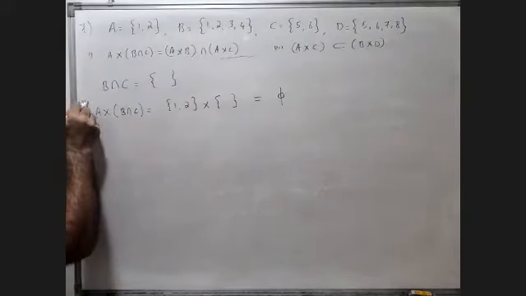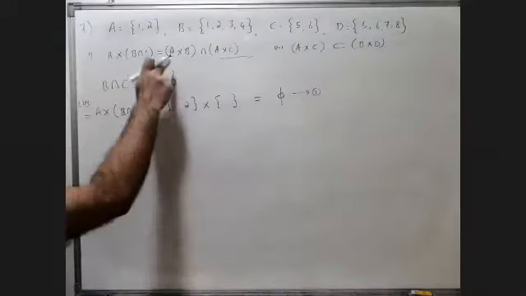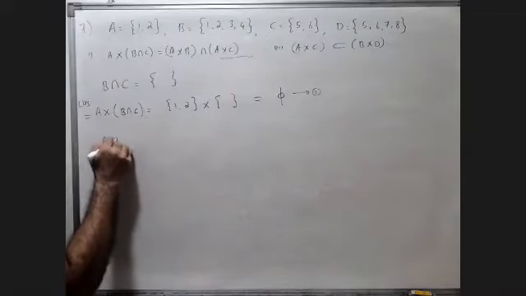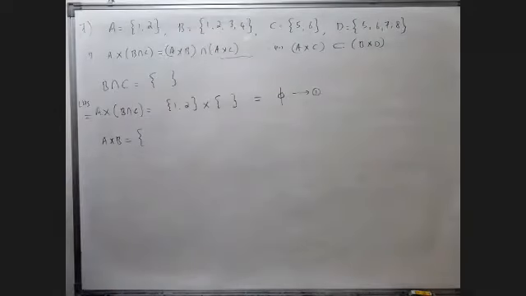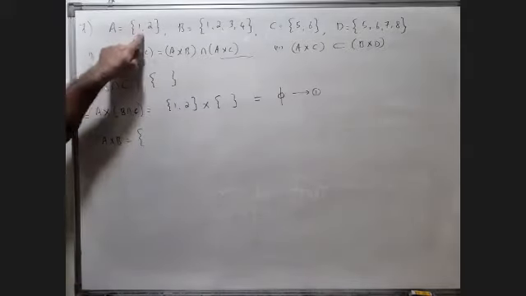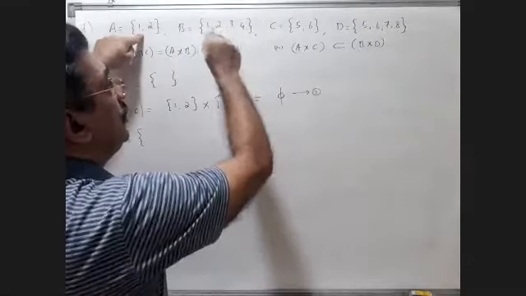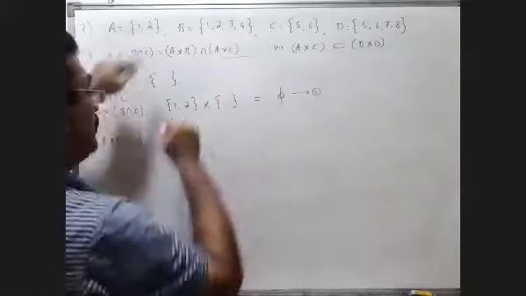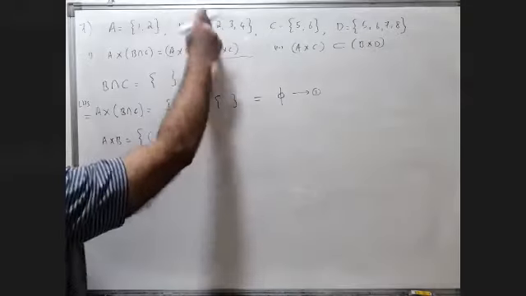We write LHS equation number 1. Now we have to find A cross B and A cross C. So we write A cross B. To find A cross B, take the first element in A, pair it with each and every element in B. Taking 1, pair with 1, then 2, 3, and 4.